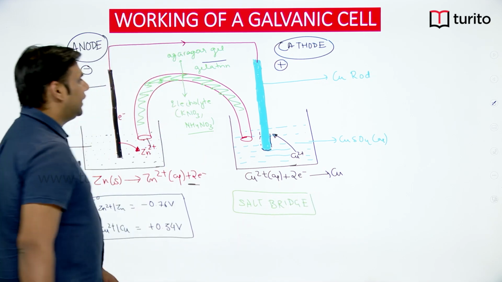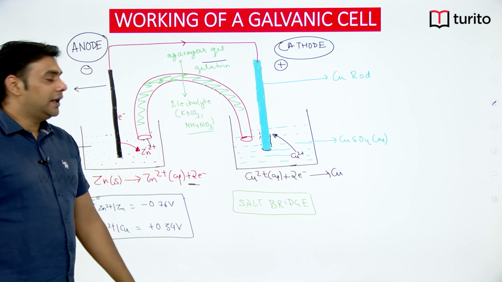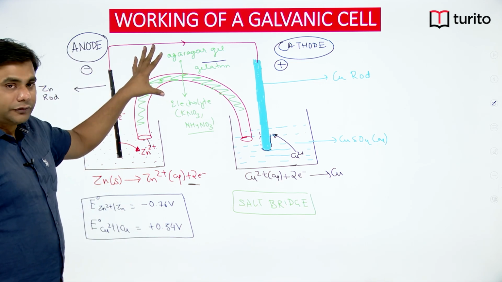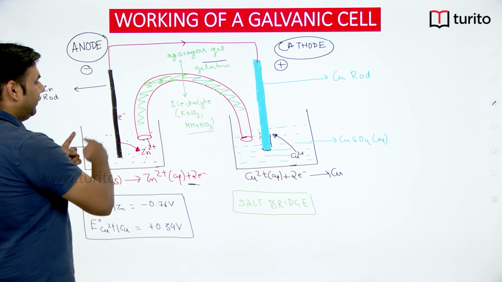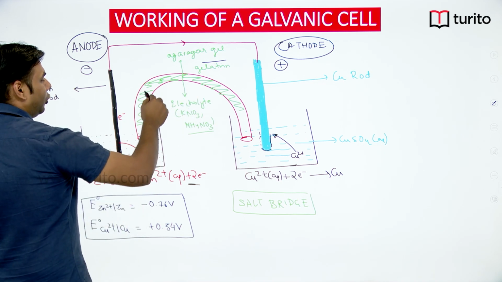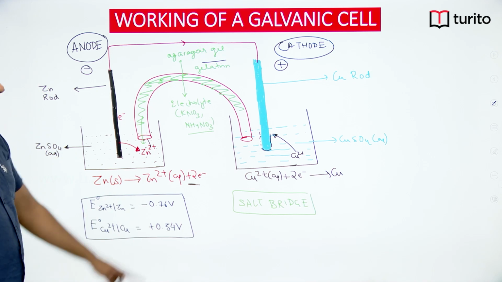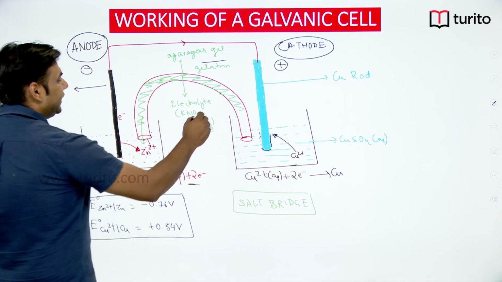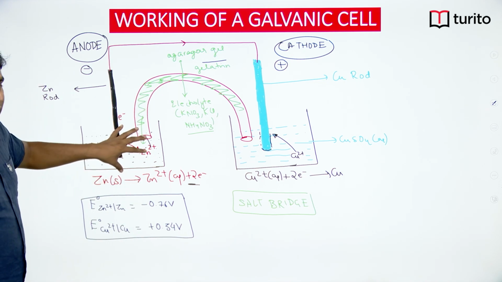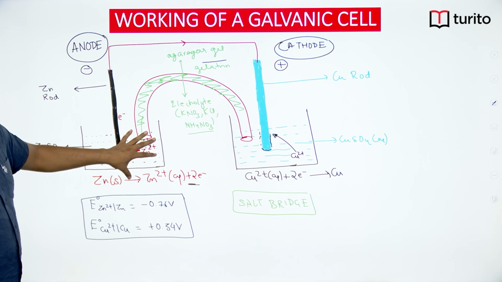The salt bridge has an agar-agar or gelatin gel in which electrolytes like KNO3 and NH4NO3 are suspended. We know that we have created some excess positive charge over here, so the salt bridge pumps out some anion. Say KCl is there: it will pump out Cl negative into this segment, because it has excess positive charge, and this Cl negative will neutralize the excess positive charge.